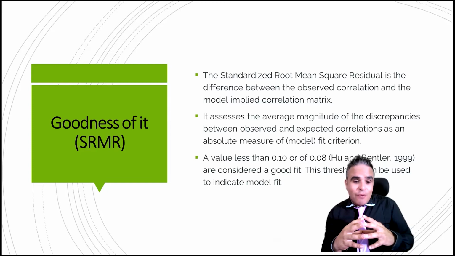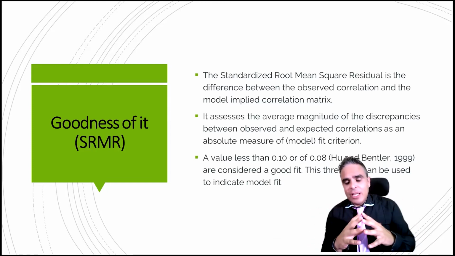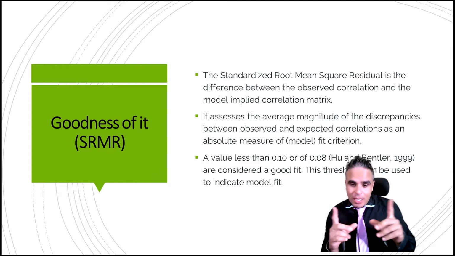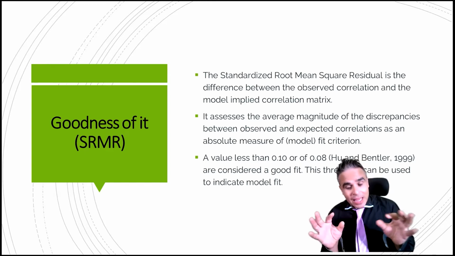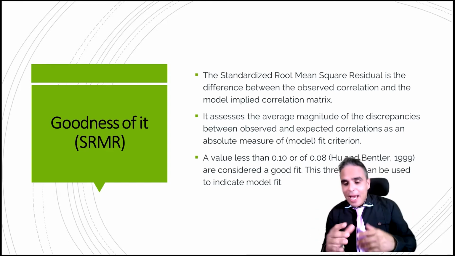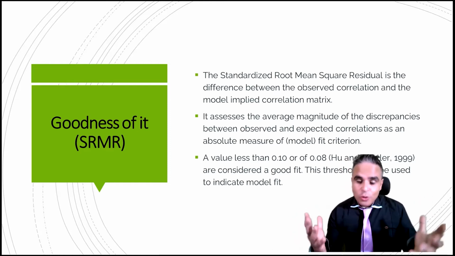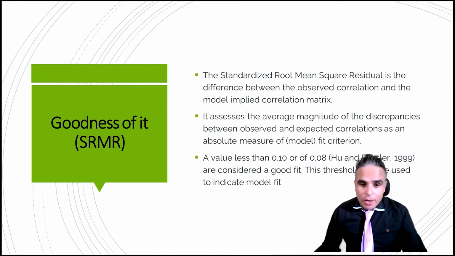So if you are asked to report your model fit analysis in your thesis or dissertation, you may use SRMR if you are basing your analysis on SmartPLS. If you have anything close to 0.10 and you can cite that this is acceptable, then you may claim to have a good model fit, or that your model fits the sample data.